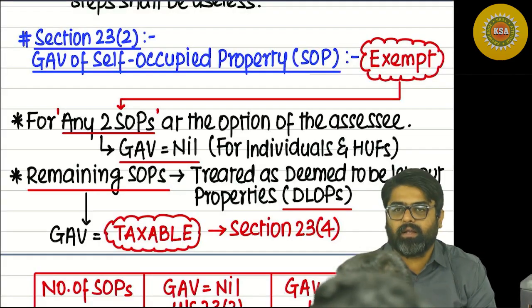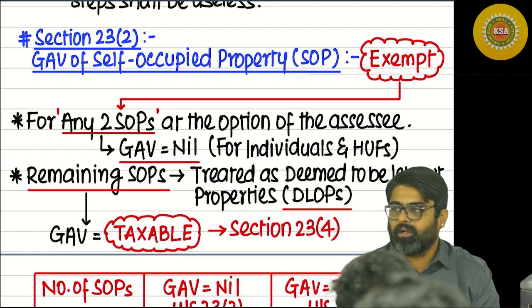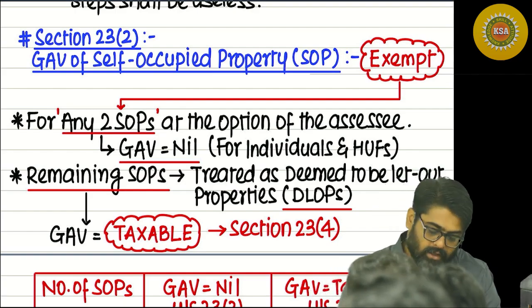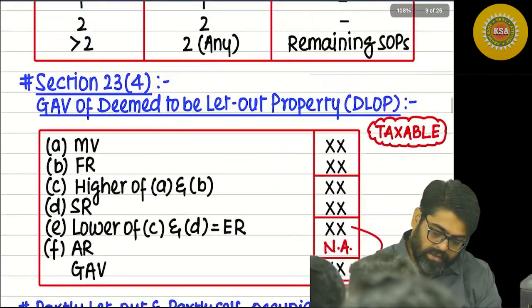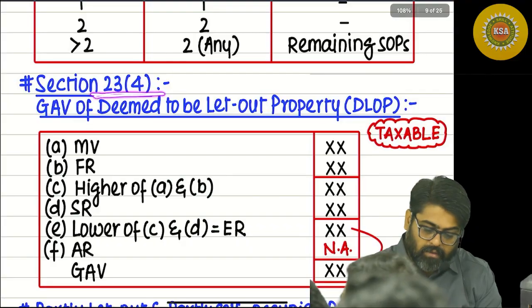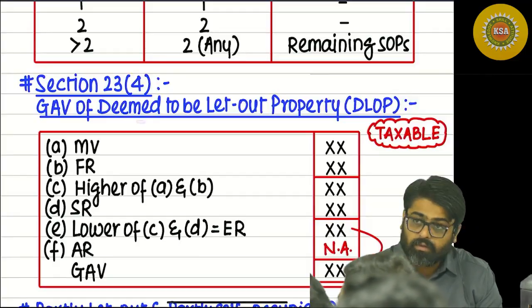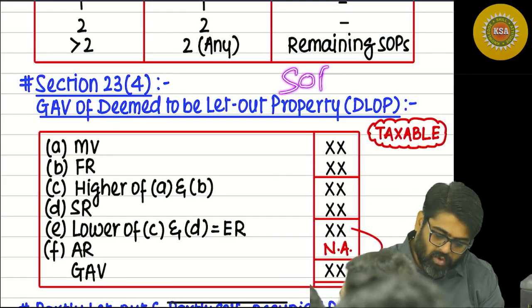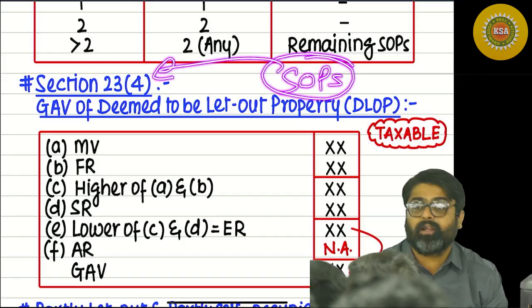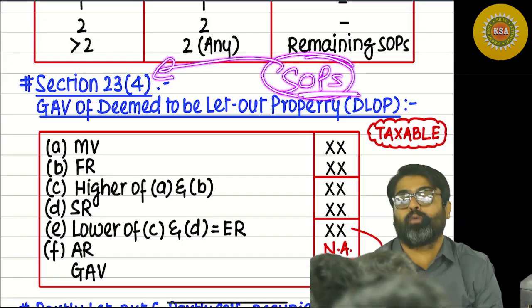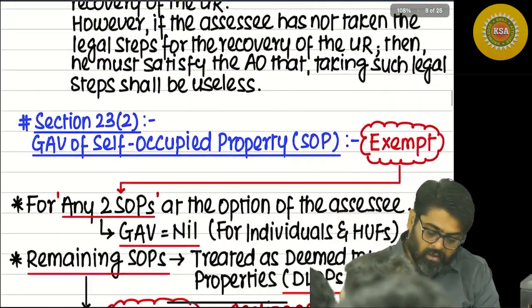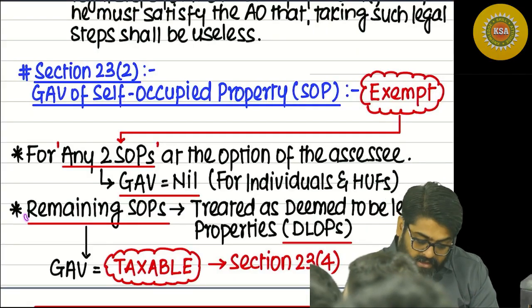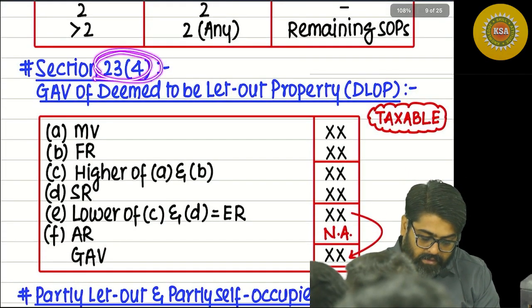Now in section 23(4), which properties are covered? SOPs only are covered in 23(4), but these are those SOPs whose annual value you could not get exempted under the earlier section. The remaining SOPs you will bring under 23(4).